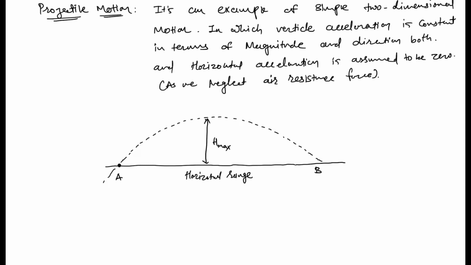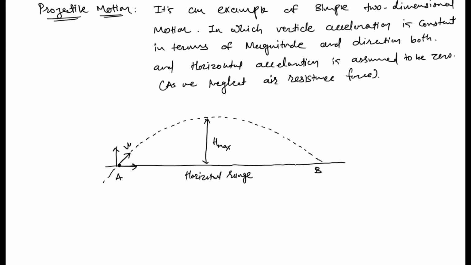As we know, if we provide some velocity u, it goes in this direction, and this whole motion is actually part of two motions, one in horizontal direction and one in vertical direction.